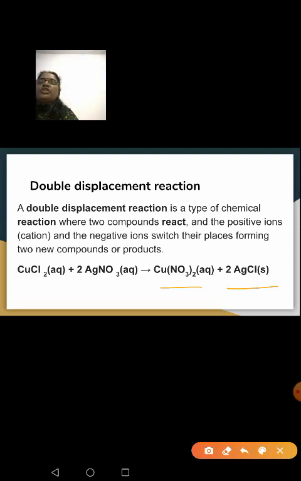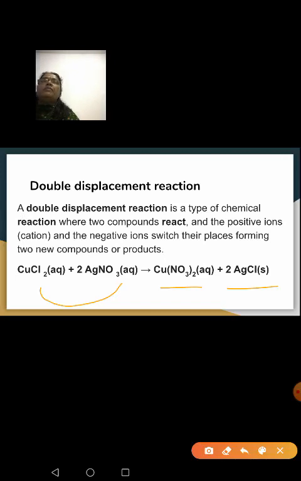Swapping of places, that is switching of places between chlorine and nitrate, has taken place, right? So when you get two new products or compounds by swapping the places of the positive ions and negative ions of the compounds taking part in the chemical reaction, it is called a double displacement reaction.